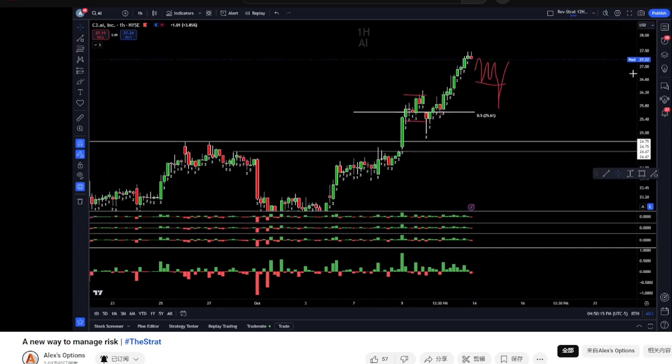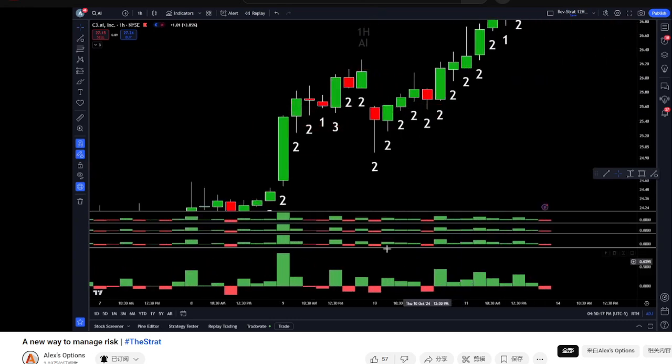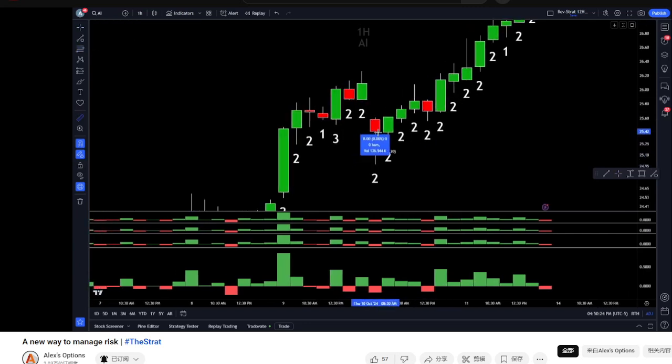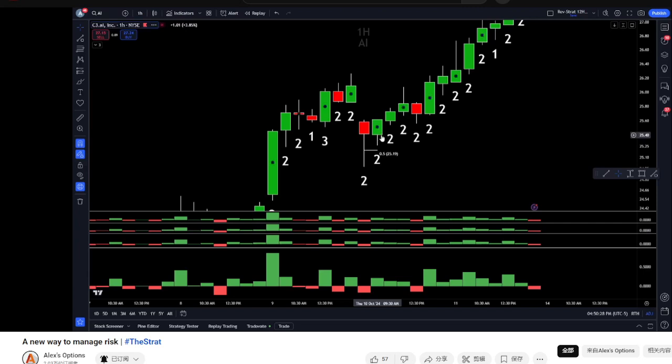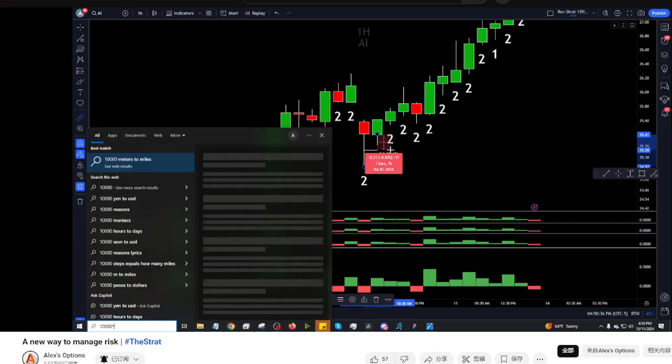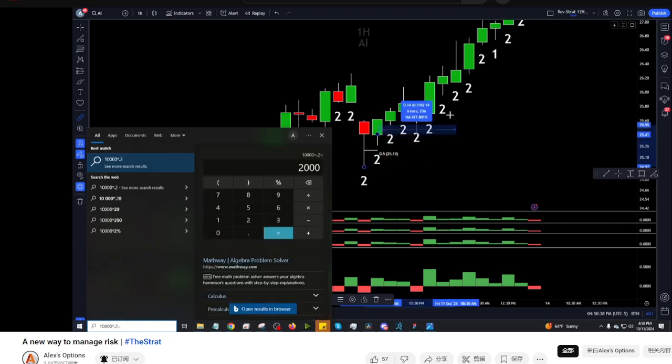Now, when this goes here, AI, when this hammer on the 60 forms, if we simply buy the open of this candle and manage risk to the 50%, we're risking 20 cents a share. So if you want to buy 10,000 shares, you're going to risk $2,000.